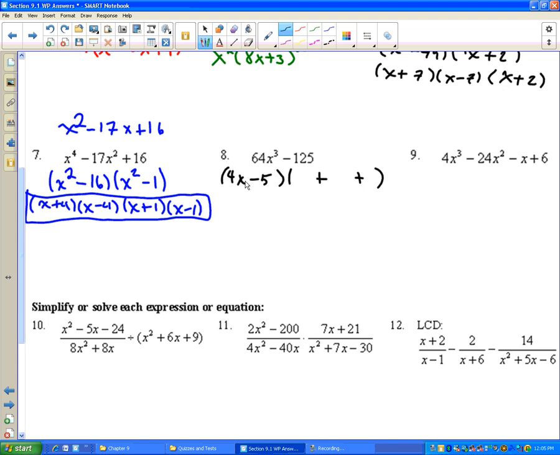Over here, I'm going to have the 4x squared, so that's 16x squared. Their product is going to be 20x, and over here is going to be 5 squared, or 25. That's fully factored.